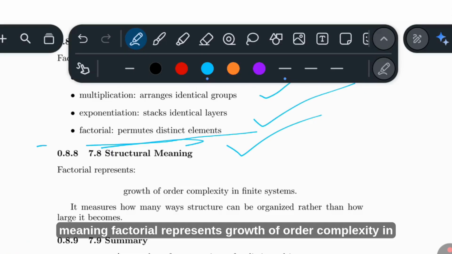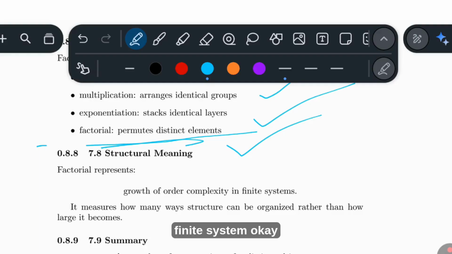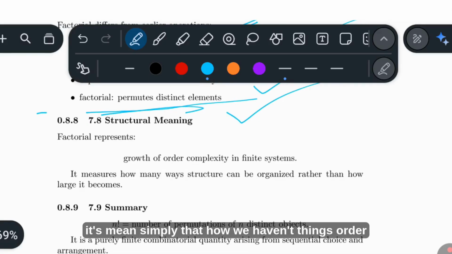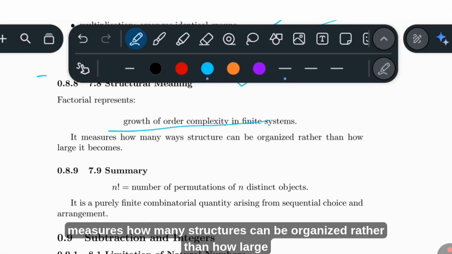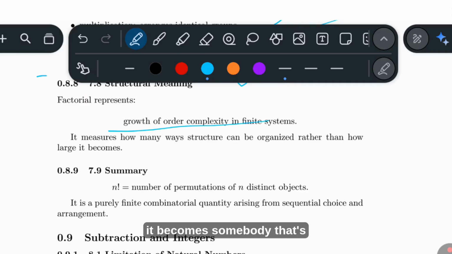Structural meaning: factorial represents growth of order complexity in a finite system. It simply means how we arrange things. Order simply means arrangement. It measures how many structures can be organized rather than how large it becomes.